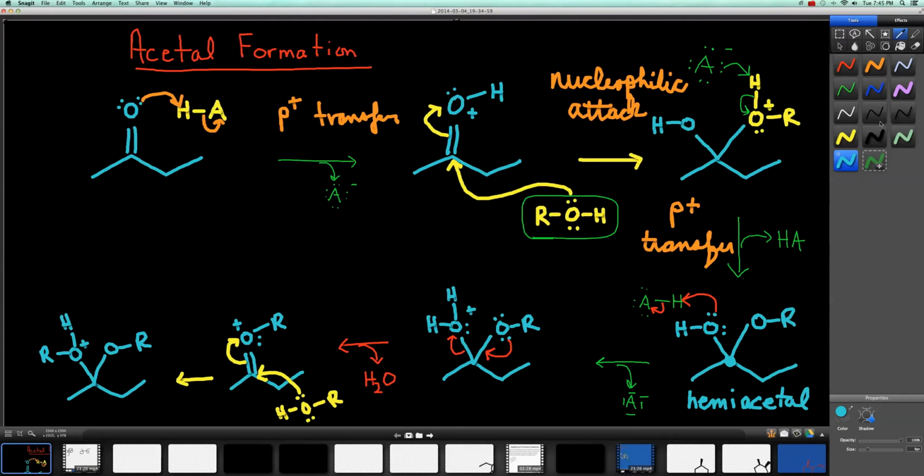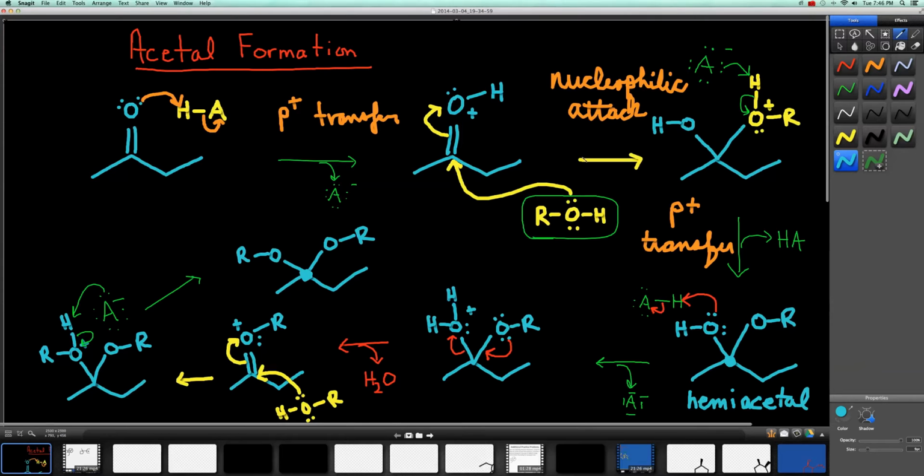And so we'll need the final A- to deprotonate this hydrogen and yield the acetal. And so our final product has our former carbonyl carbon as a diether. Now this carbon has a special name. It is called the anomeric carbon.